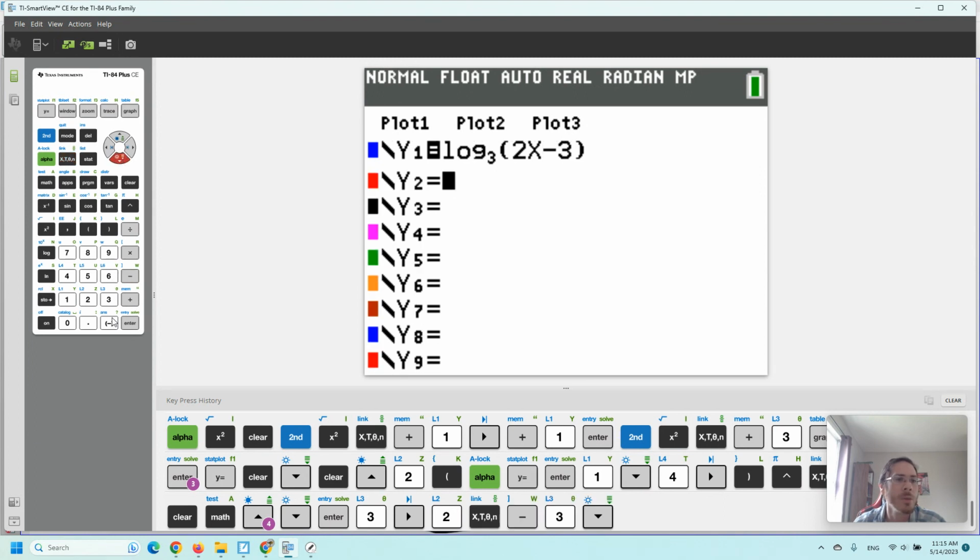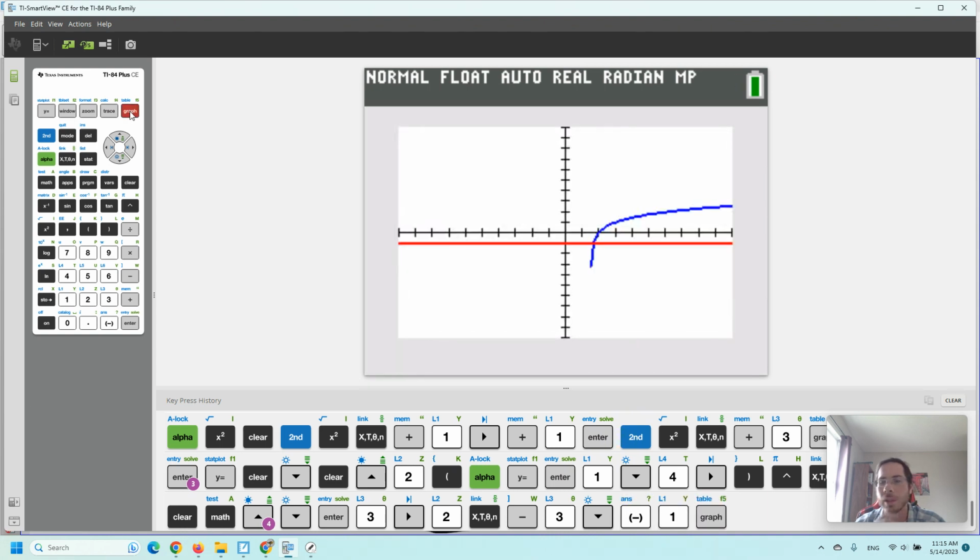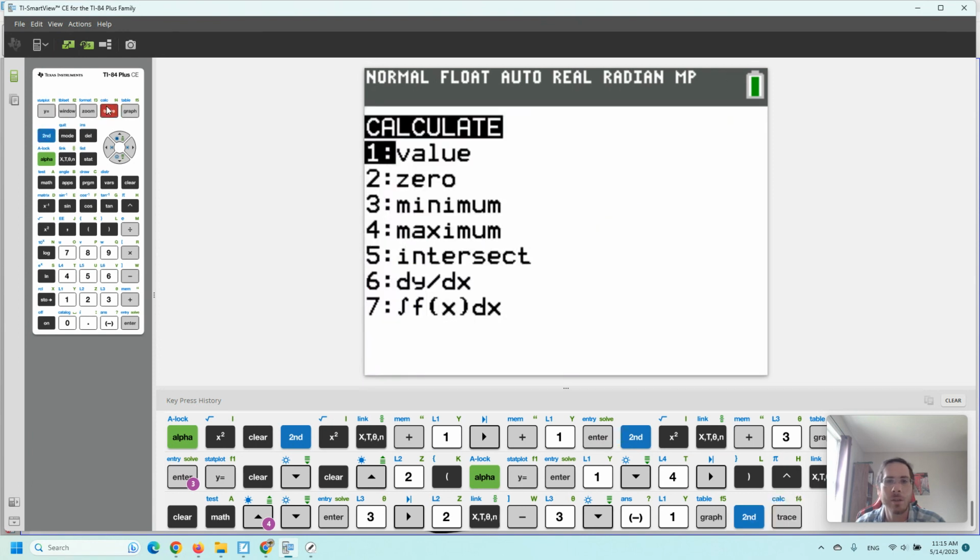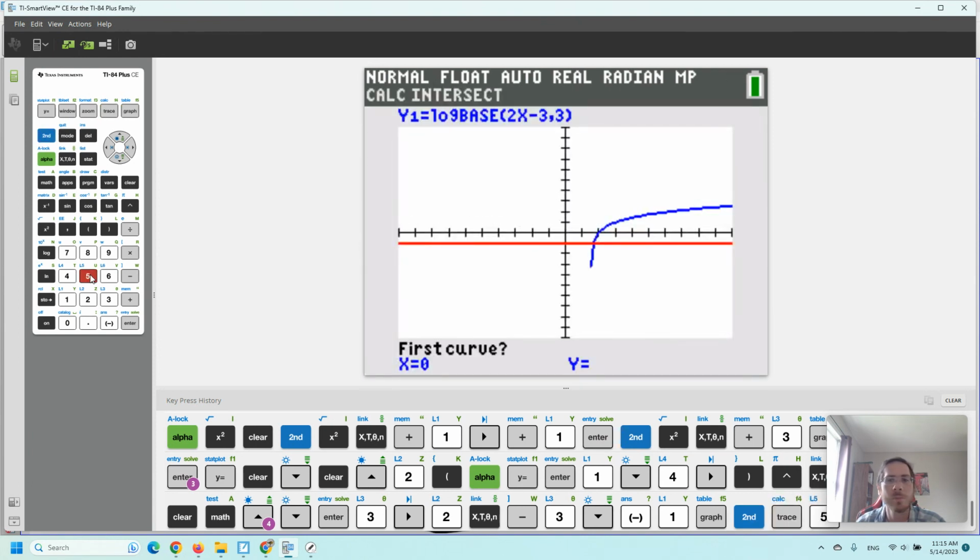And then we want this to equal -1, so we'll put -1 on that side. We'll graph it, and we can see, all right, that looks like it should be about right. Second calc, number 5 for the intersection. Now, if you look down here, there's no number for the y, so I can't pick the blue one yet. I have to scroll over to get onto the blue curve. All right, now I'm on the blue curve. Now I'm on the red curve. Tell me where they cross, and I get 1.667.